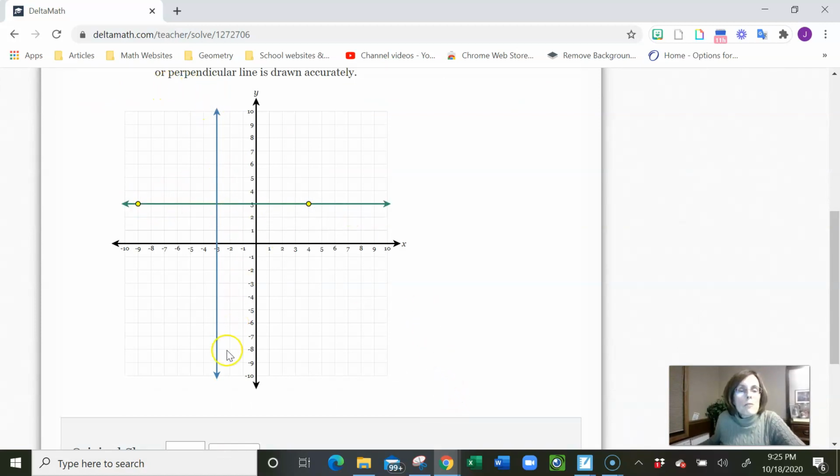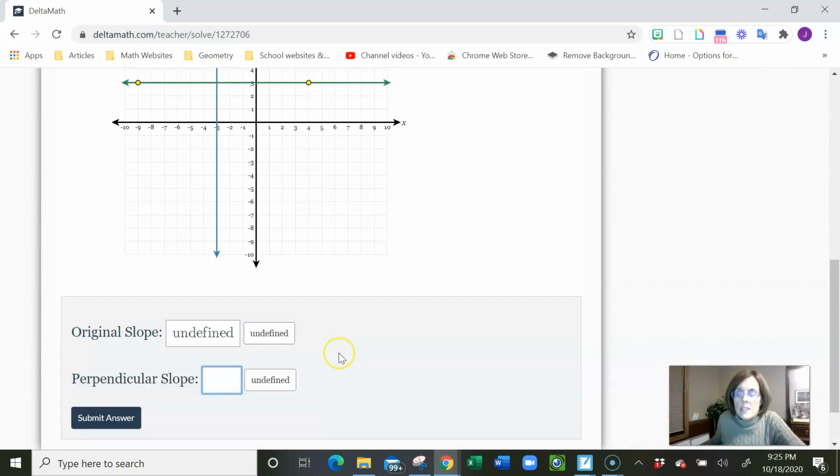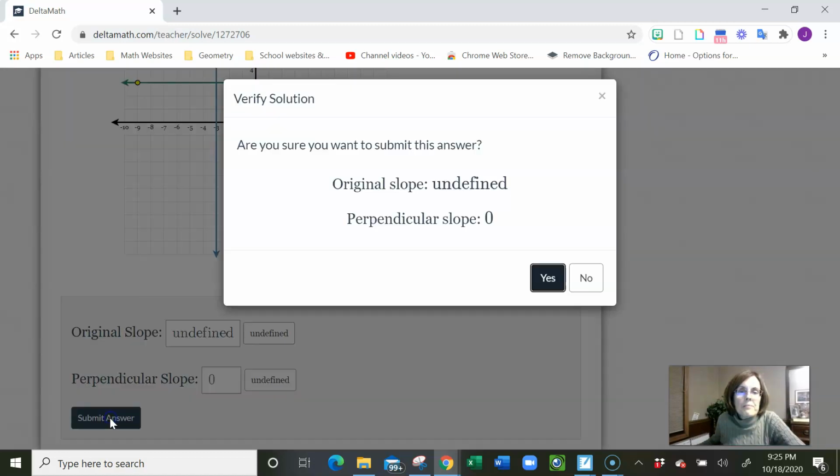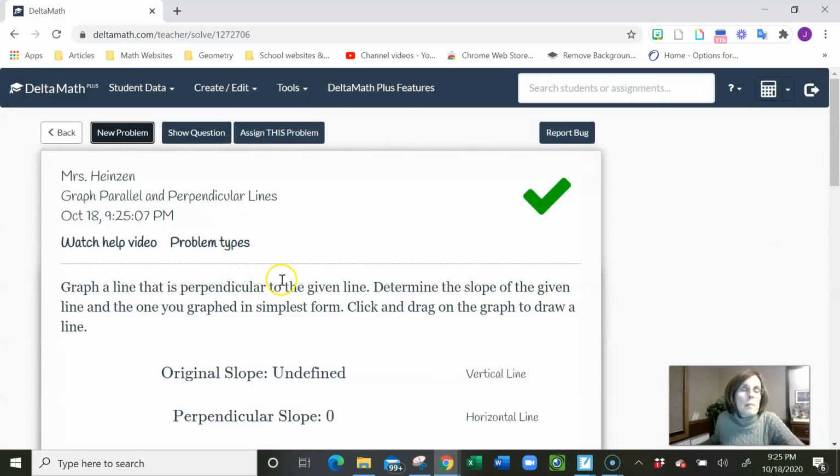What is the slope of my blue line? Vertical lines, you should be able to check in your notes, have an undefined slope. What is the slope of my horizontal line? Horizontal lines have a slope of 0. So make sure that you remember that and get that in your notes.